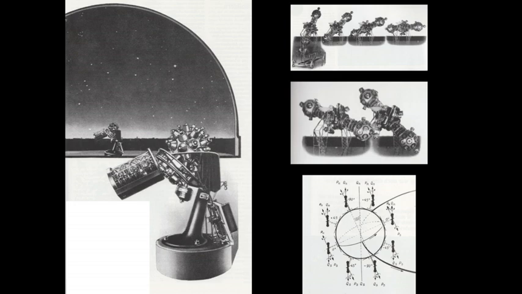Well, at that time, in the early 20th century, engineers developed a machine to project the stars and the sky into a dome. And for a moment we'll leave the history of architecture and go into the history of optical machines.